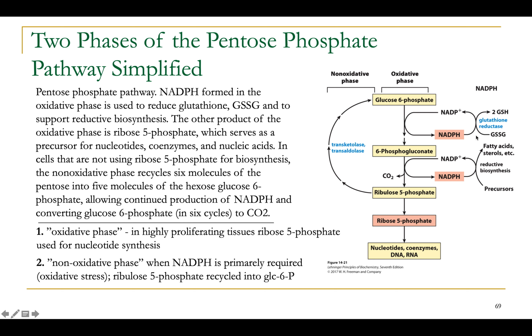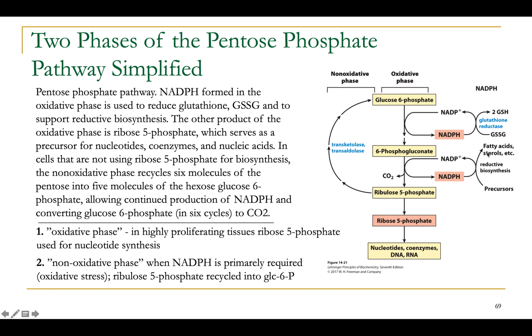First, it is an important factor in counteracting oxidative stress. It is used to reduce another redox cofactor called glutathione, and glutathione in turn is important to neutralize reactive oxygen species. On the other hand, NADPH is also an important redox cofactor in fatty acid biosynthesis and in preventing oxidative damage of unsaturated lipids.